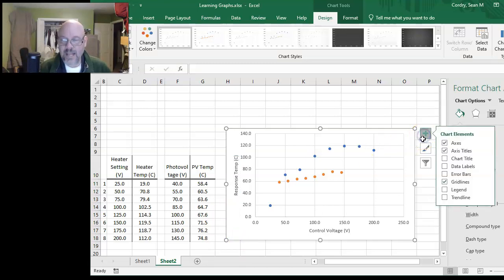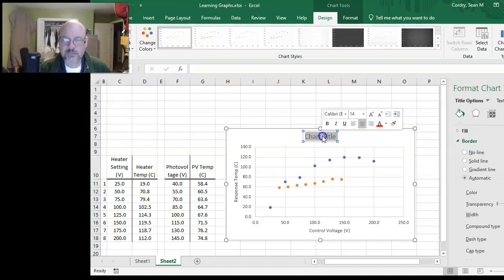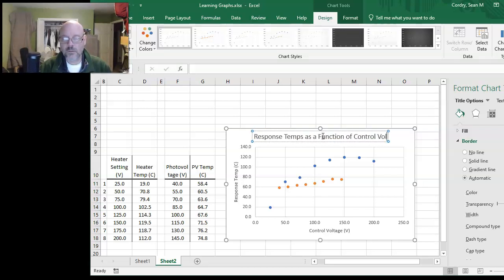Okay. Then we're going to add chart title. And so we're going to say response temps as a function of control voltage. Boom. Beautiful.